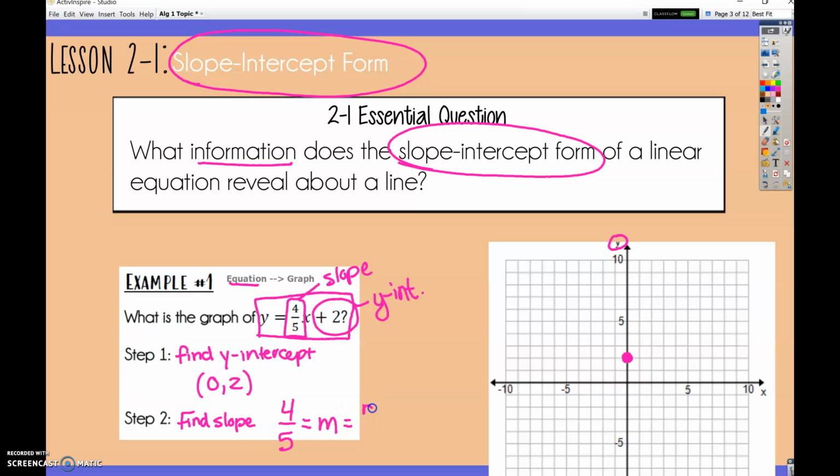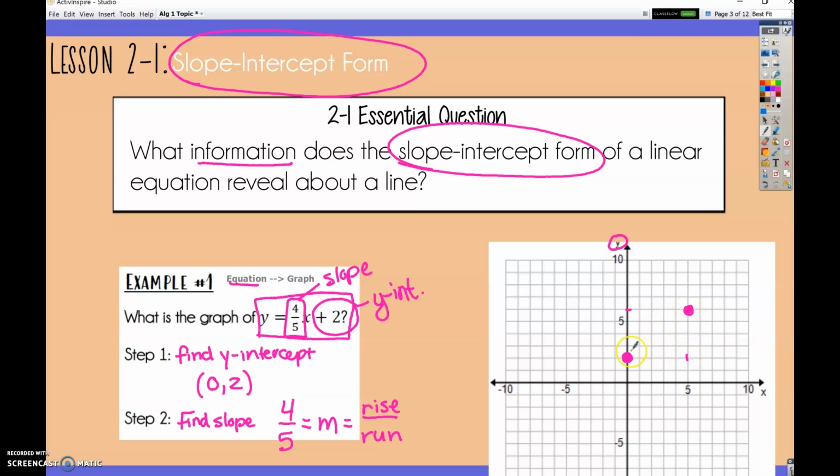Or we also refer to it as the rise over run. So while fractions can be frightening, they're actually helpful when it comes to slope, because we will start at our (0, 2) and rise 4 steps, as well as run 5 steps and put a dot. Note that I didn't rise 4 and put a dot and over 5 and put a dot.